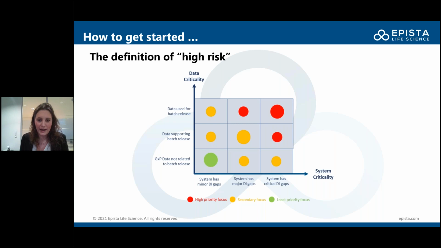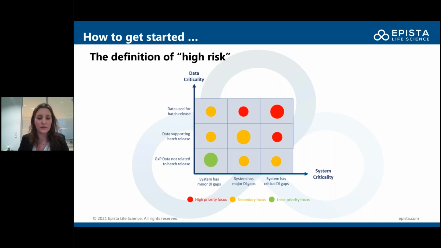On the one hand, you have a ton of data that's being generated. And just to set the scene here, what I am, of course, focusing on with all those data integrity assessments is GXP data. So I'm not necessarily looking at any non-GXP data here. But even if you are looking at your GXP data, you might have some data that is directly used for your batch release, you might have data that's supporting batch release, and then you might have GXP data that's not really related to batch release.